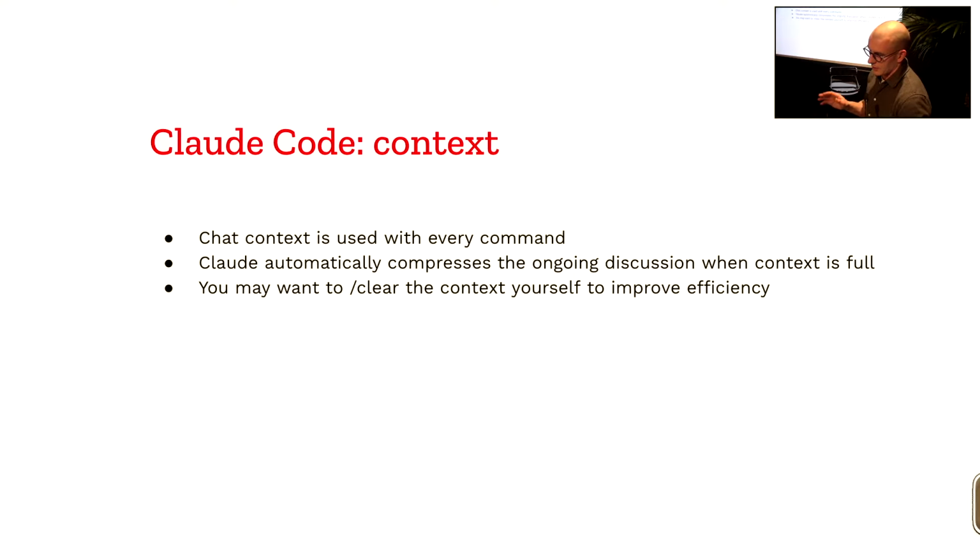And Claude uses up that context every time I make some input and it gives me an output. It becomes part of the context. And Claude compresses it automatically and makes sure that the context doesn't overflow. So there's automatic compression, and you can explicitly clear it if you want to move on to say another topic, another feature or something.